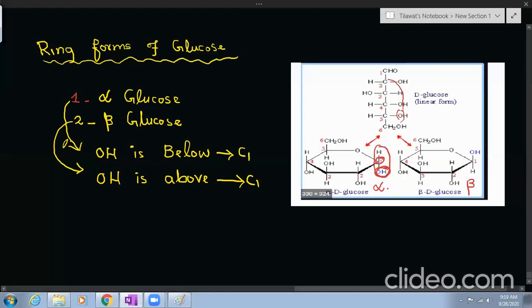Now, what is the role of these monosaccharides? Up to here we discussed different monosaccharides. Now we have to know about the roles of monosaccharides in our body, or in living organisms.